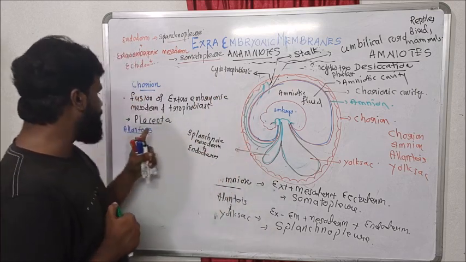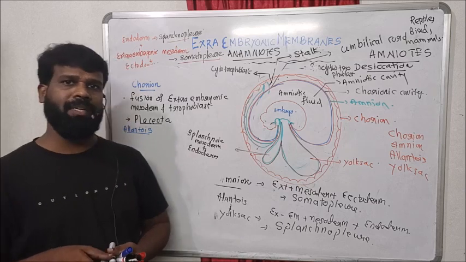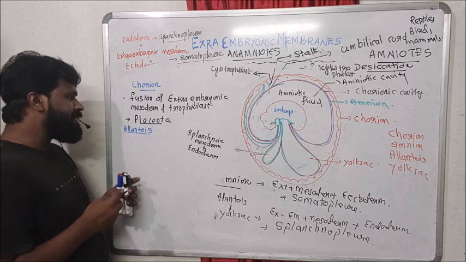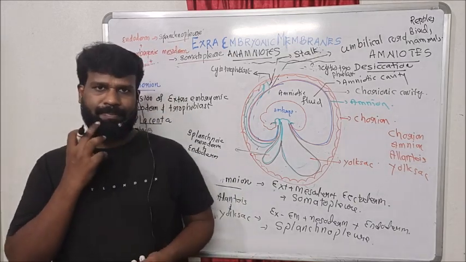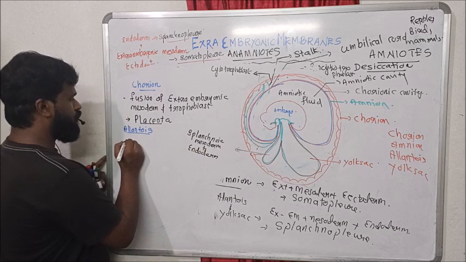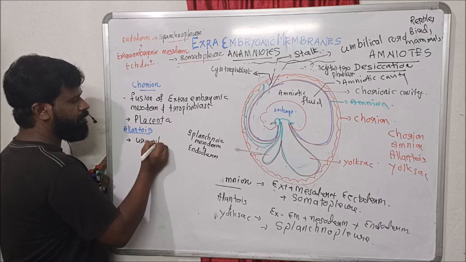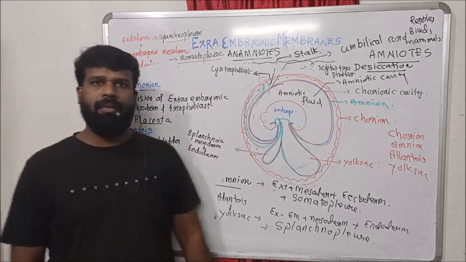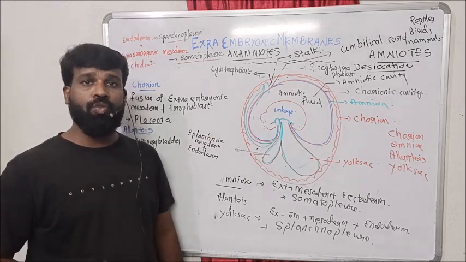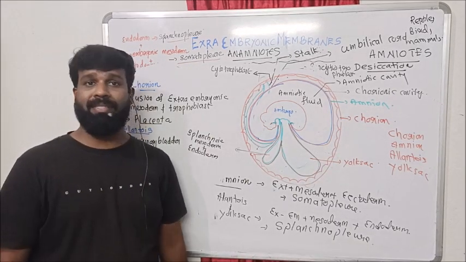And the allantois is reduced to a temporary receptacle of the urinary bladder of the fetus.